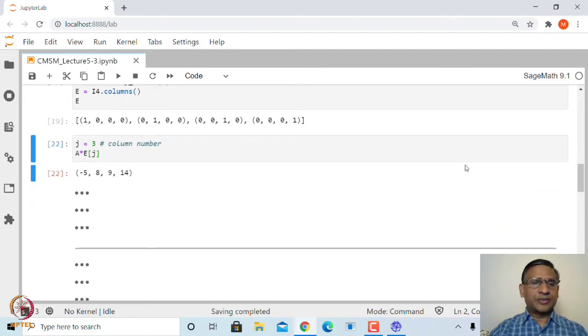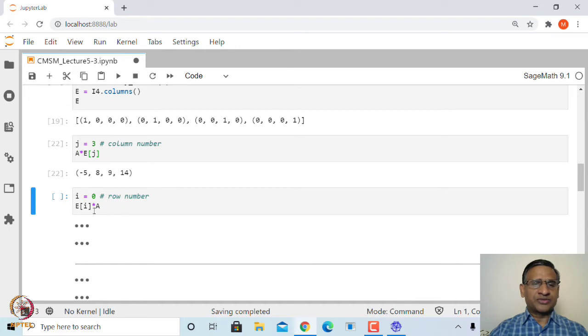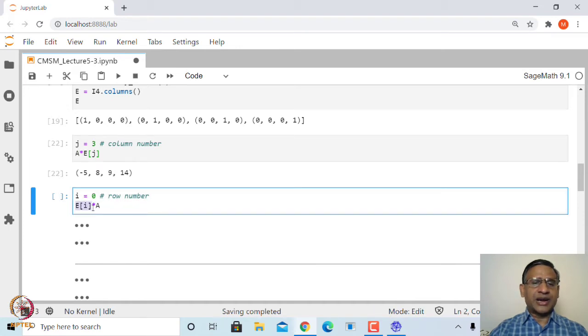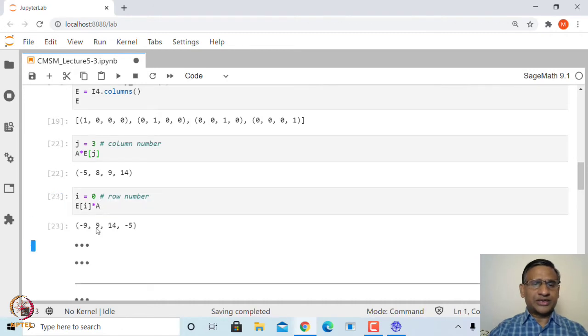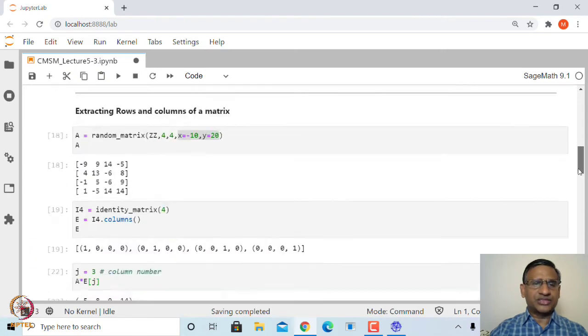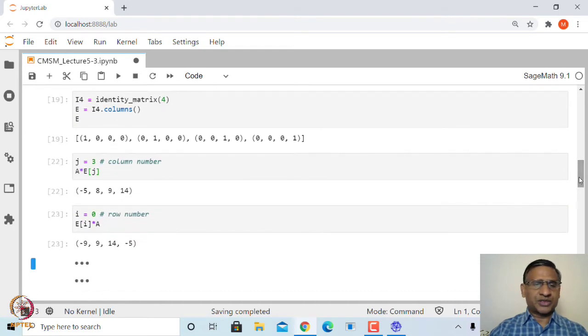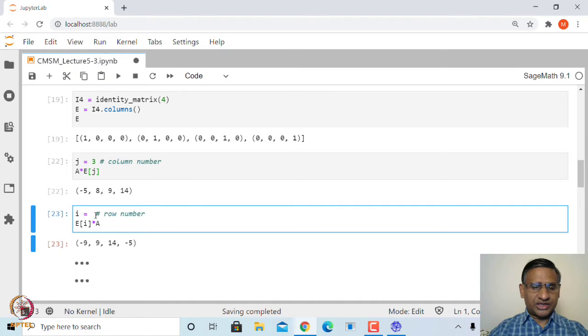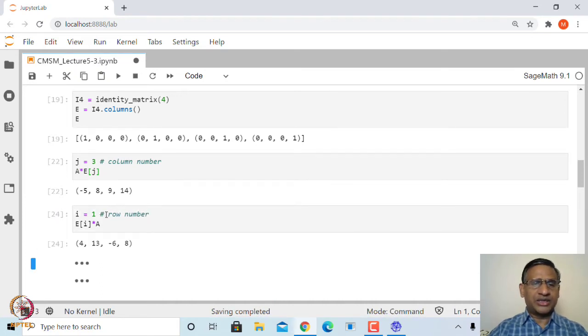Similarly, instead of multiplying on the right hand side, suppose we multiply on the left hand side, Ei times A. What will you get? If I multiply by Ei on the left of A, you can see here this is the first row of the matrix. So E0 times A is the first row. If I take i equal to 1, it will give me the second row.